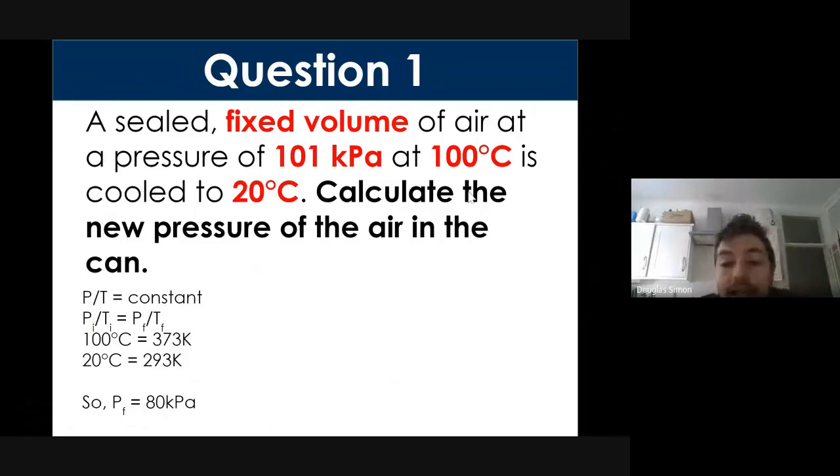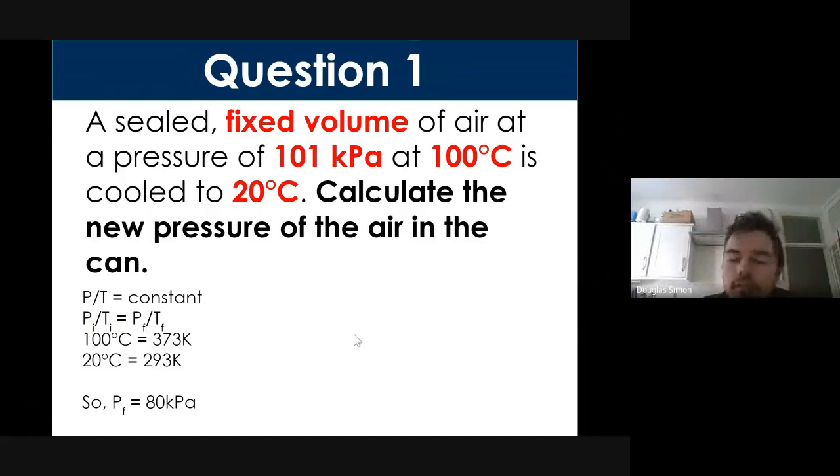So importantly, it doesn't matter that you work in kilopascals because it's a ratio and so the kilo will cancel, but it's not a ratio with temperatures because to convert from Celsius to Kelvin, we are adding a fixed amount. We're adding on 273. So we can't do a simple ratio because the adding will not cancel in a simple ratio.